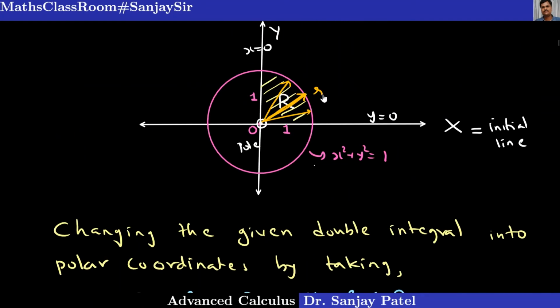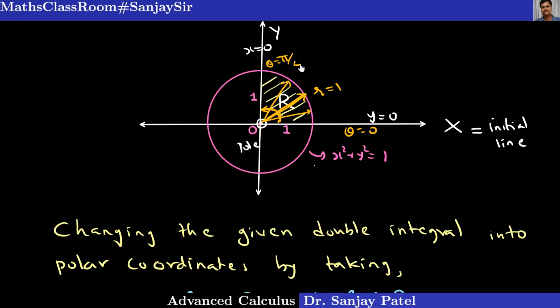This is r equal to 0, so r varies from 0 to 1. And when you take all possibilities, the angle theta varies from this point to this point, so theta varies from 0 to pi by 2.